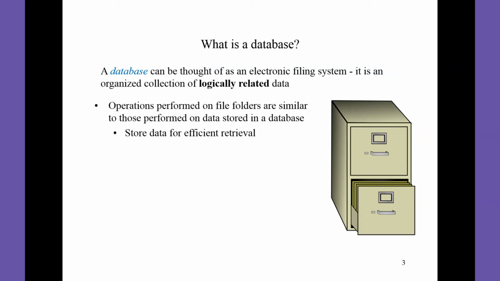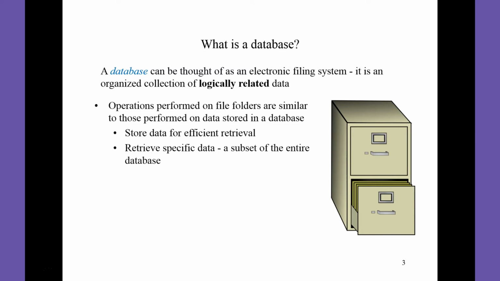These operations include storing data for efficient retrieval. How do we accomplish that in a filing cabinet? We don't just throw the folder into wherever there's space, but the items are arranged in a logical order based upon some kind of encoding scheme, alphabetical, for example. And this allows for efficient retrieval of the data after it's been stored.